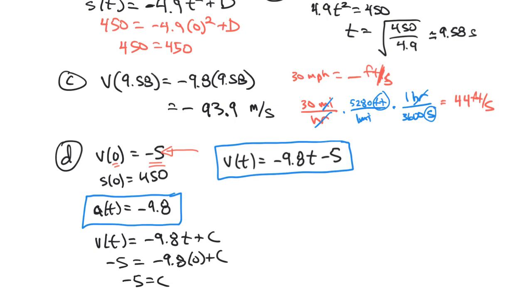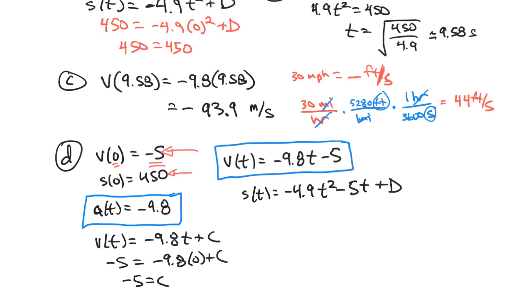So for part D, it says how long does it take to reach the ground? Well, we need a position function again. So we need to now find the position function, which is going to be, I remember the t goes up by 1, and then we divide it. So we get -4.9t squared minus 5t plus d. So now we're going to have to use this piece of information.